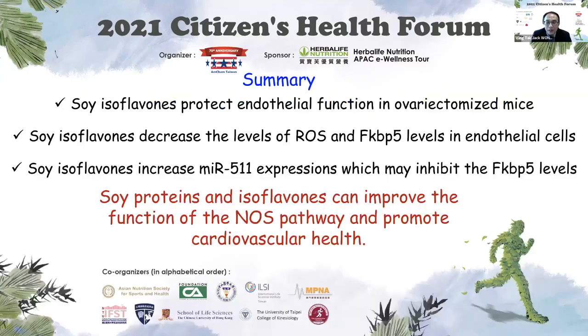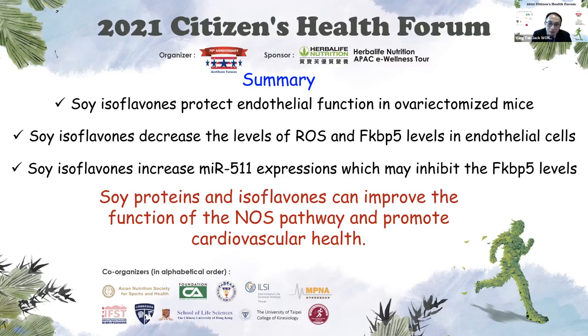In summary, we have found that in the context of a mouse model of postmenopausal women, the dietary inclusion of soy isoflavones protects against cardiovascular disease, specifically by improving endothelial function through the lowering of ROS and FKBP5 in endothelial cells.